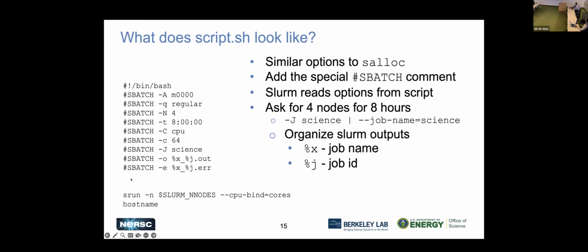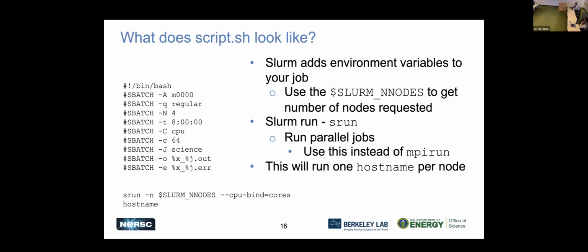At the end of the job script, you'll have your srun command, which is going to specify those specific constraints, whether you want to bind the CPU cores, and if you have any specific hosts that you want to use as well. With Slurm, it adds environment variables, like SLURM_JOB_NUM_NODES to get the requested number of nodes. Then the Slurm run command is just srun.